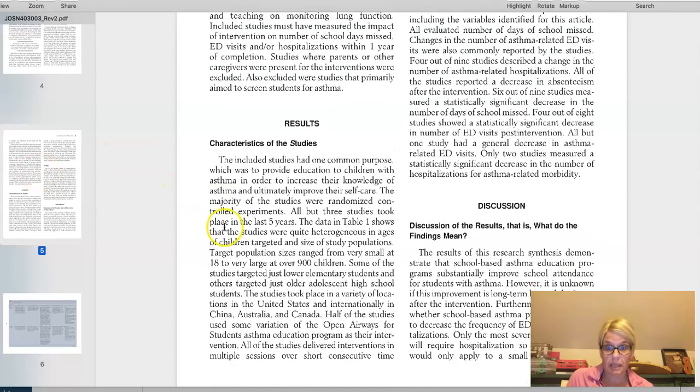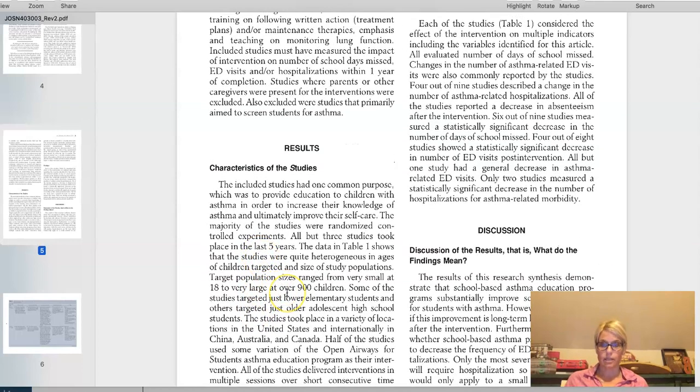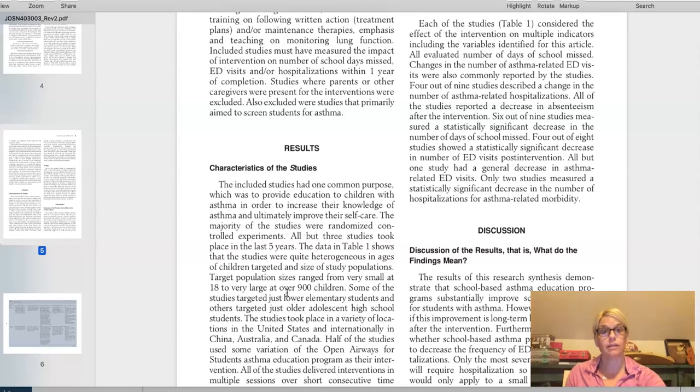It's interesting that half of them use the exact same intervention. So that's kind of good. That's a neat thing to know. The sample size is important. She says that it ranged from 18 to 900. That's a big difference there. It just gives the reader an idea of who the people were in the studies.